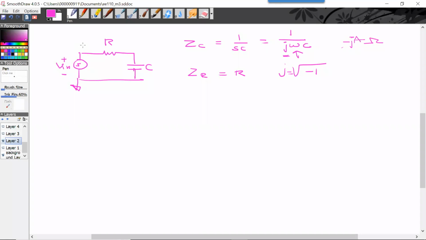All right. And if this is node 1 and that's node 2, all I have to do is take the voltage division of that, which ultimately gives me this.